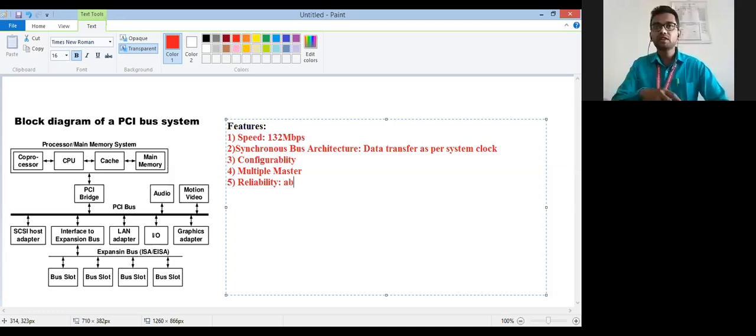So I'll write here: ability to replace modules without disturbing a system's operation.